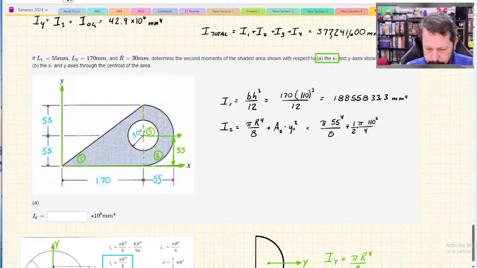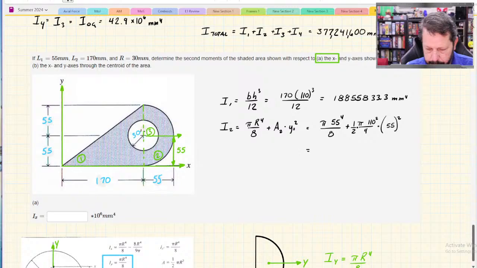So pi 110 squared over 8, actually. Times y squared, which is 55 millimeters. All right, so there's a lot going on in that one. You may have to spend some time making sure that you know where all of those numbers are coming from.